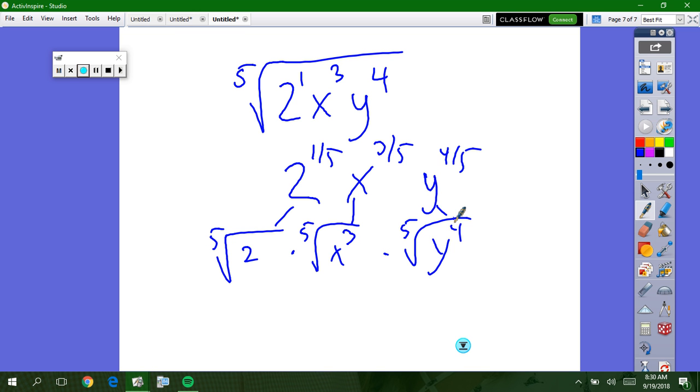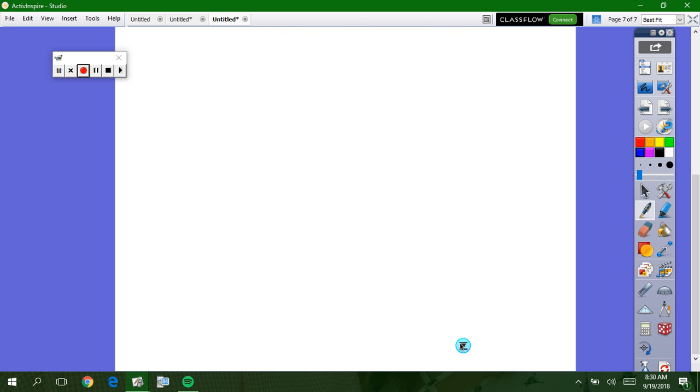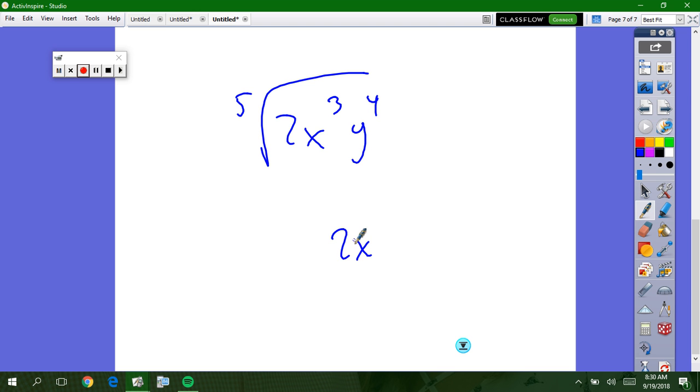Now, the way Jamie said it originally was the 5th root of 2x cubed y to the 4th. You said the answer was 2x raised to the 3/5 y to the 4/5. What would need to happen up in our radical for this to happen? It would need parentheses around it. You guys see the difference between the two problems?